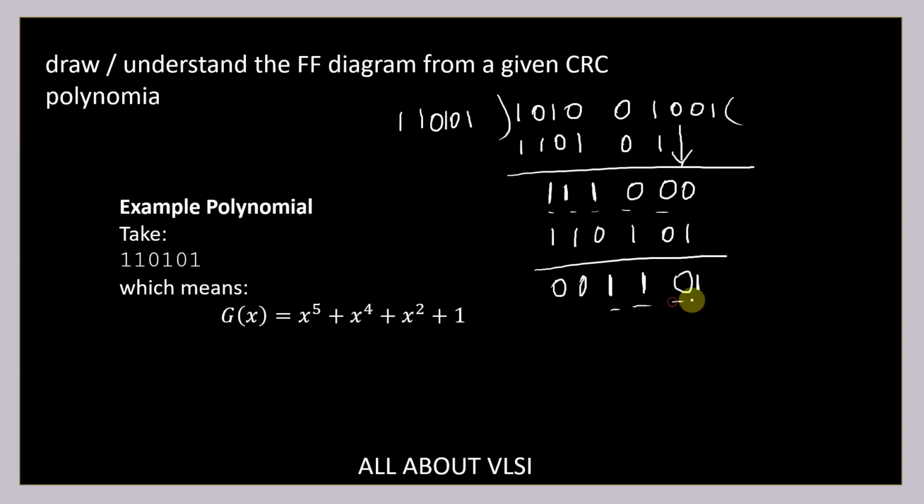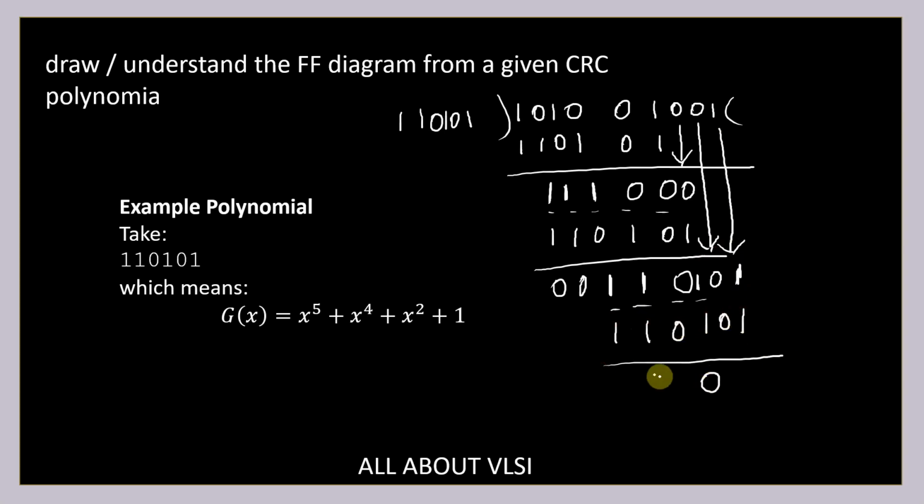So 1, 2, 3, 4, and I'm going to take two more bits from here, and if I again perform the XOR operation between them, what am I going to get? The remainder is 0, because everything is the same. So I'm going to get the remainder as 0.